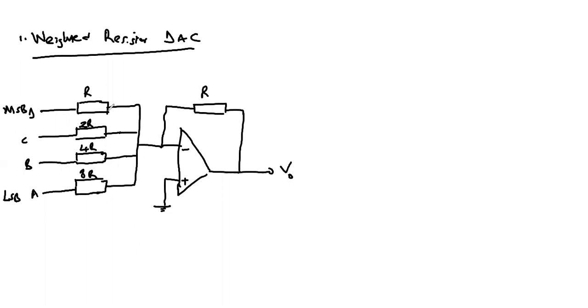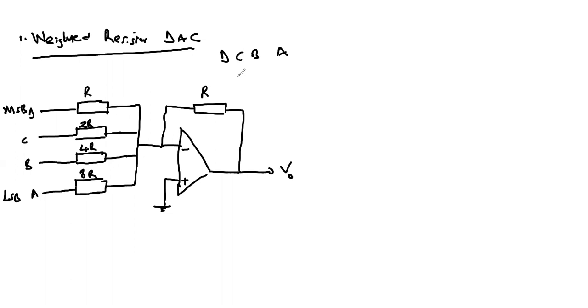The bits A, B, C, D can be written as D, C, B, A, D being the most significant bit and A being the least significant bit.